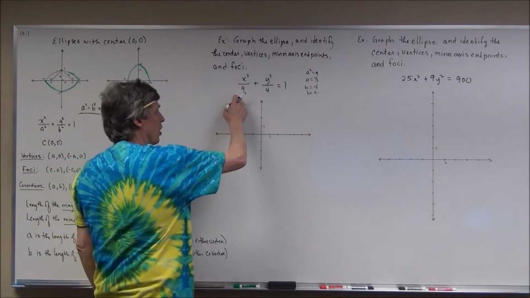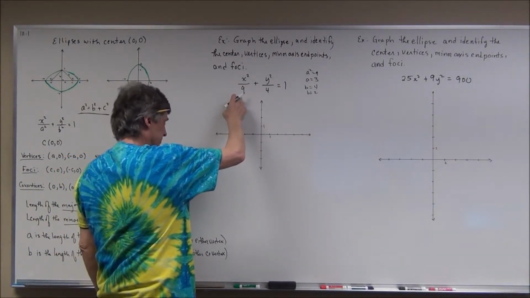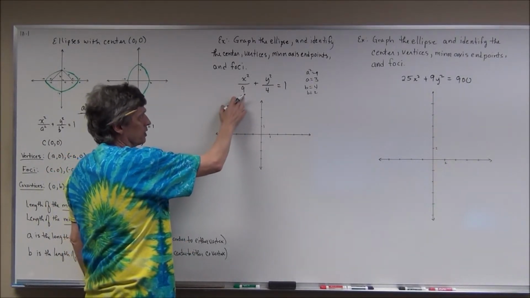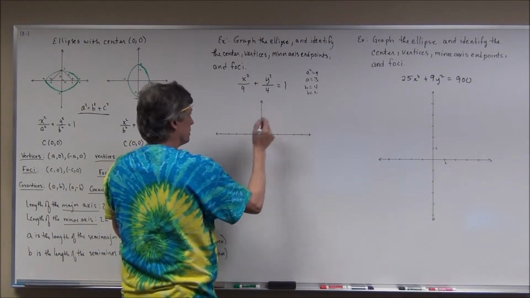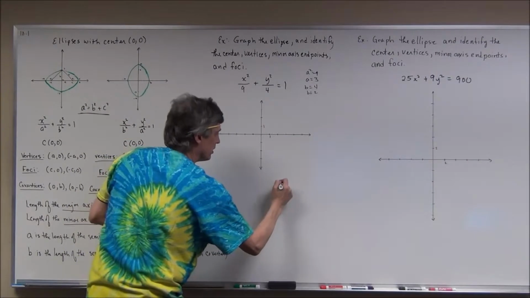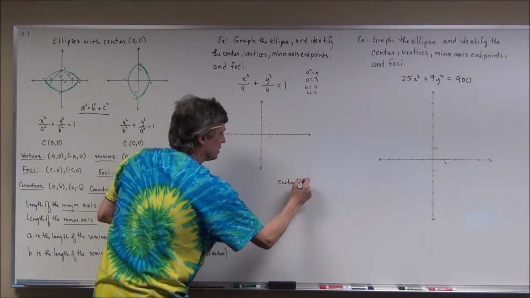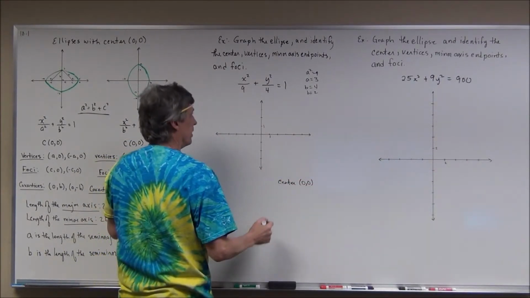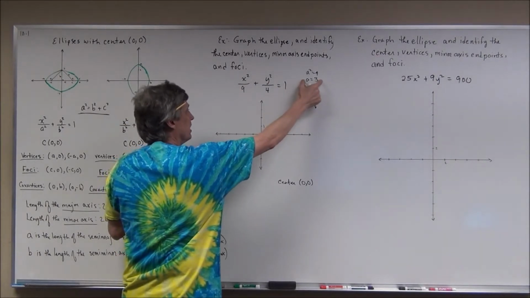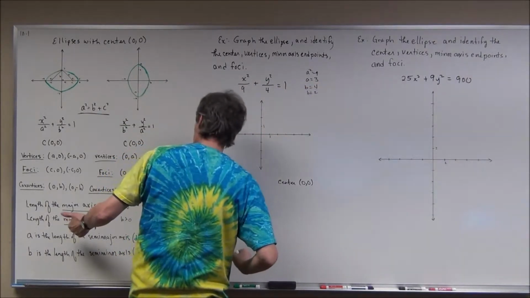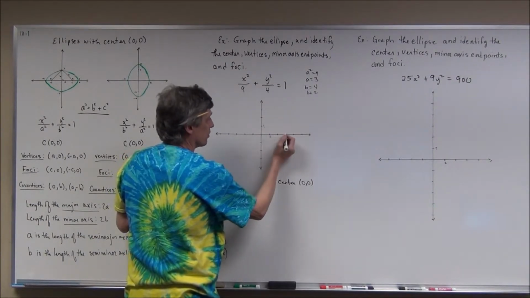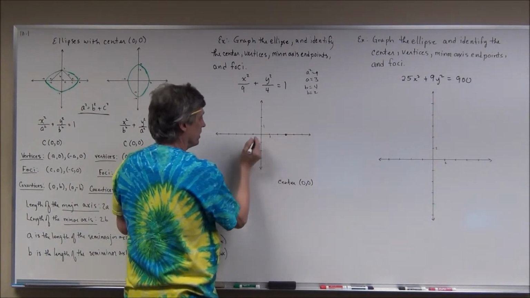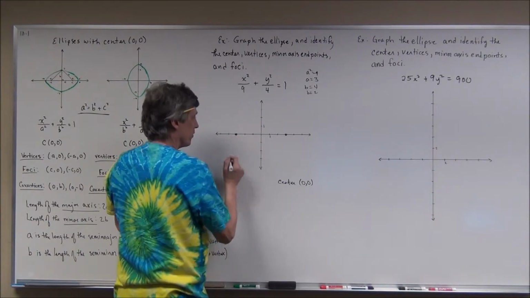I know that it's elongated horizontally because the bigger number is underneath the x. So I start from the center 0, 0. By the way, my center is 0, 0. I take the distance A, which is the length of the semi-major axis, and from the center I go that far to the right and put a point that far to the left. So 3 to the right, 3 to the left.